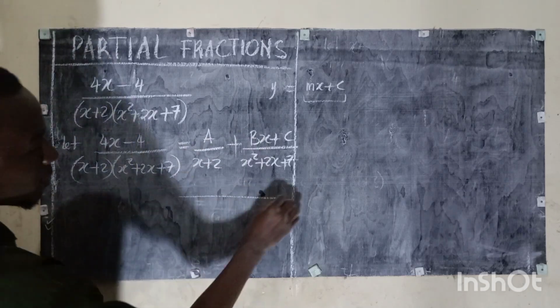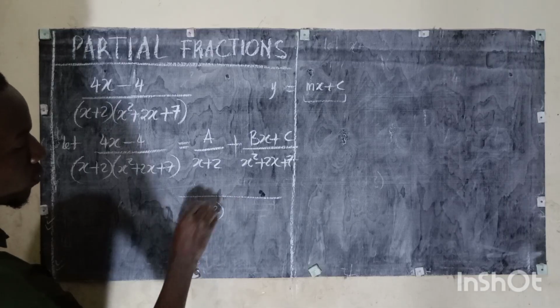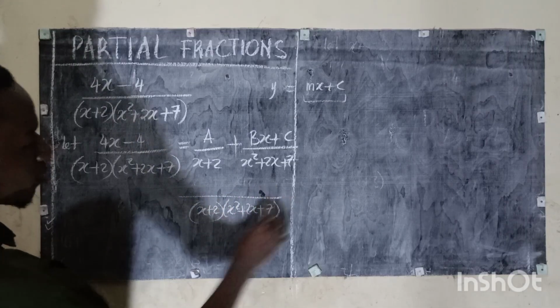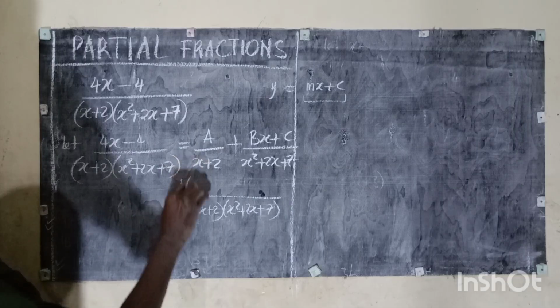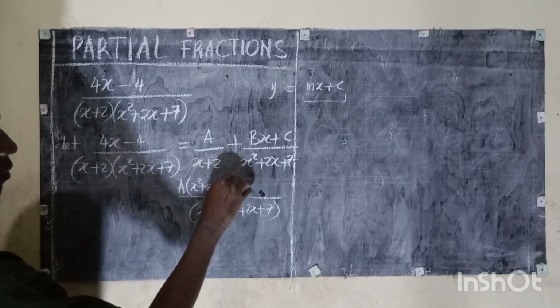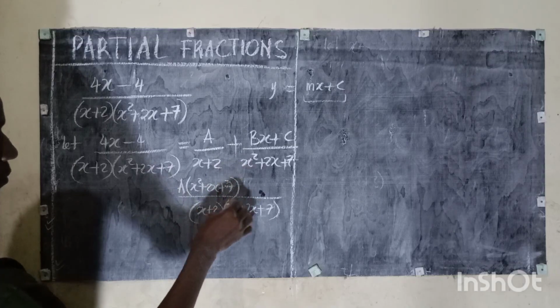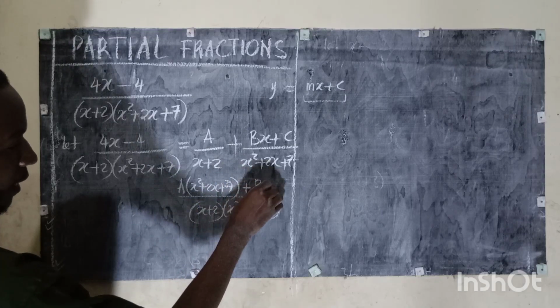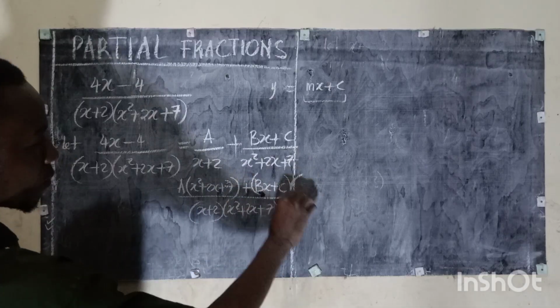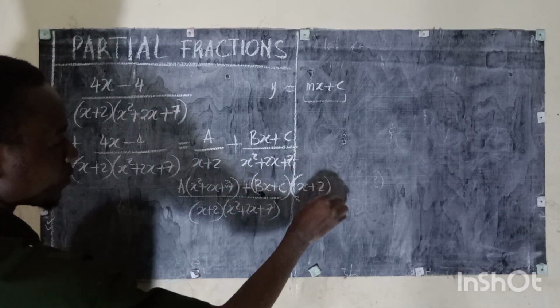So I will find the LCM, which is x plus 2, x squared plus 2x plus 7. This will be a into x squared plus 2x plus 7, plus bx plus c, all these into x plus 2.